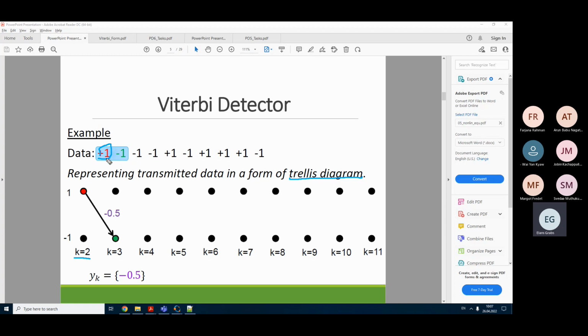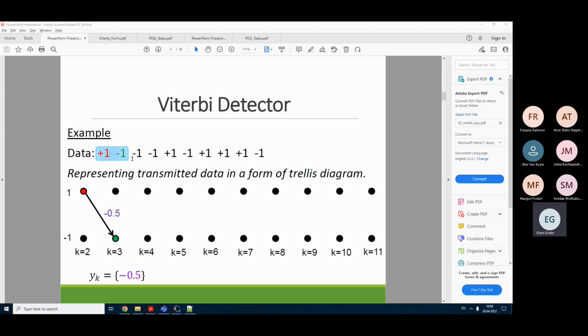We go from +1 to -1, and in the process send the symbol -0.5. This is our transmitted actual value for this value -1 that has been input at the channel. So here is our channel, here we have value -1 at the input, here we have value -0.5 at the output, right? And in the trellis, this is marked with this transition.